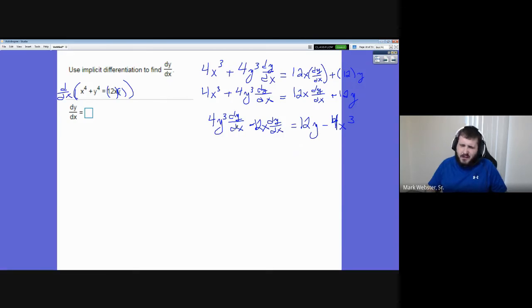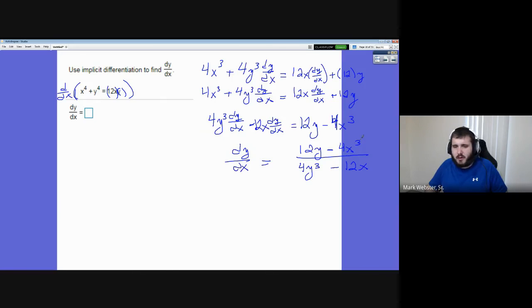Now we've got the dy dx's on the left and everything else on the right. We divide away everything to get the dy dx by itself. So we've got 12y minus 4x cubed over 4y cubed minus 12x.